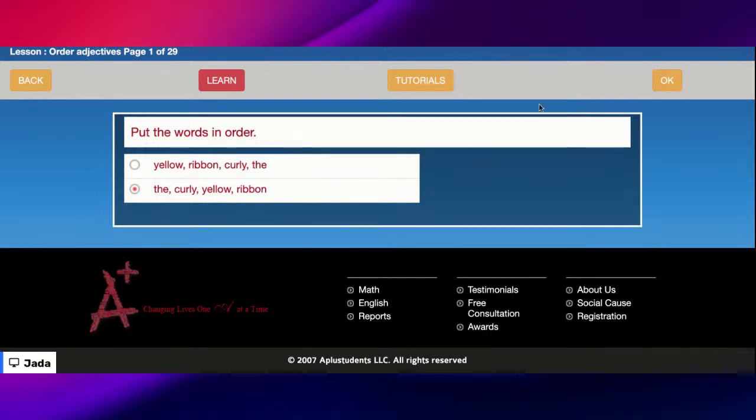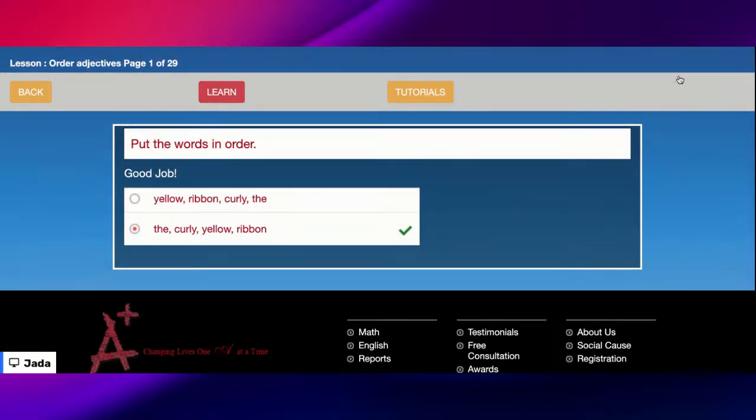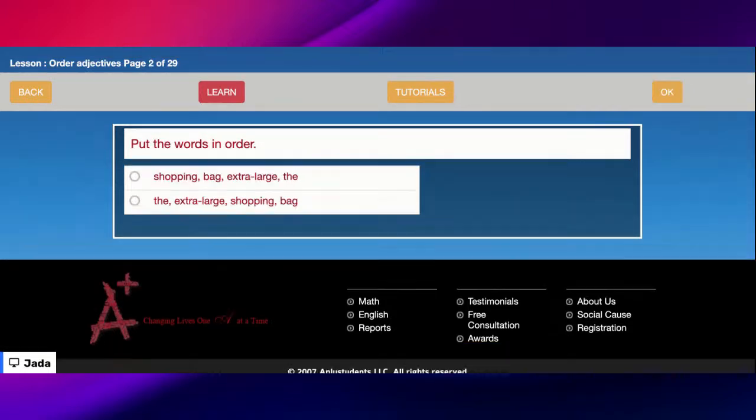The rest of you, please send in your answers. Let's interact, guys. All right, so next one: shopping bag, extra large, the. What's the right answer for the next one?